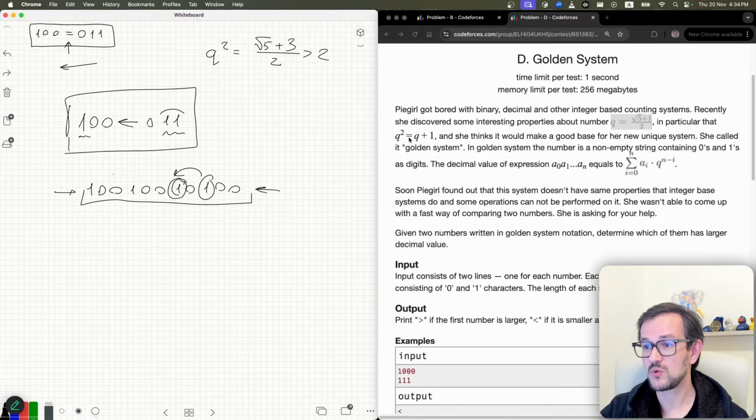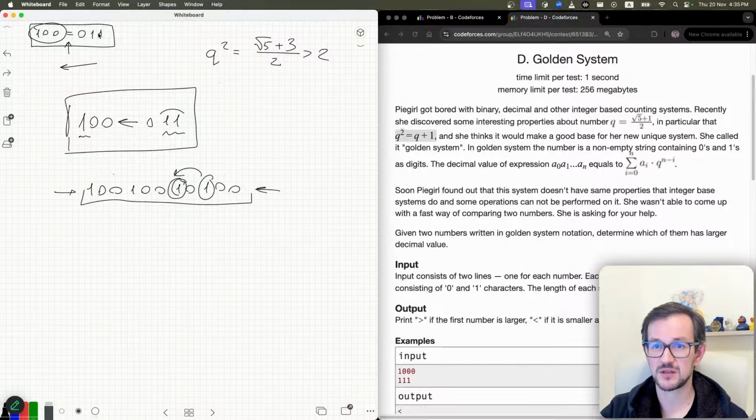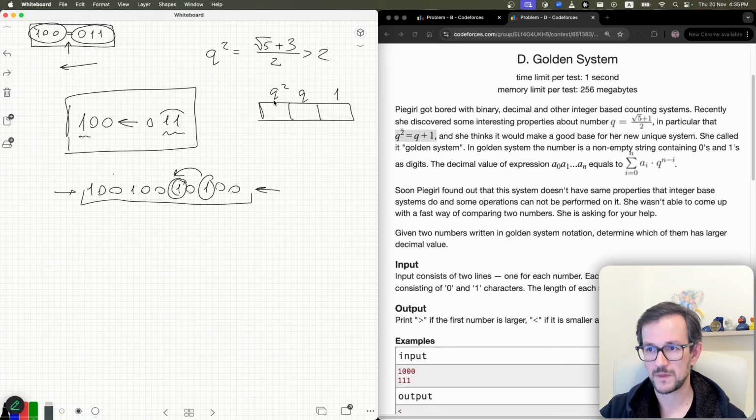So what we see. We look at this equality, and it basically means that these two strings represent the same number. Because this digit is multiplied by 1, this digit by q, this by q square, and q square is the same as q plus 1.